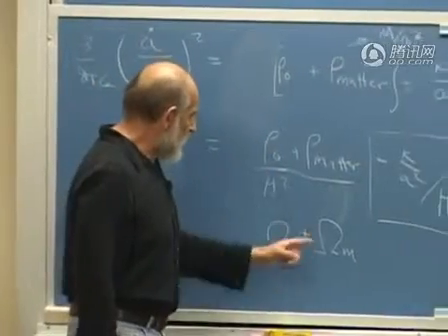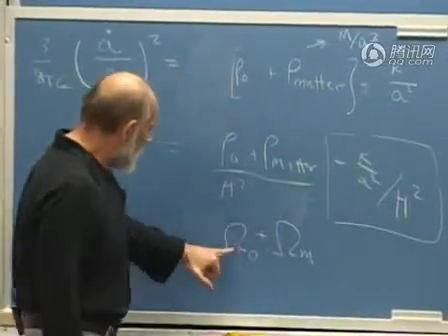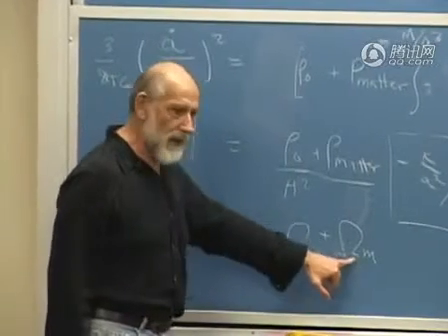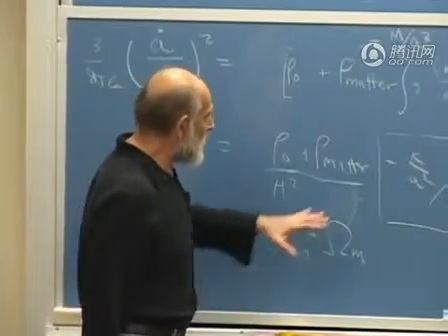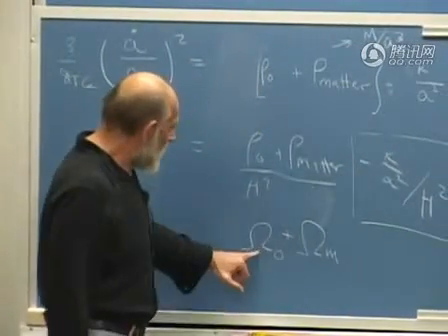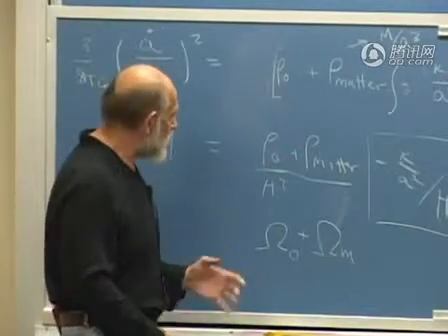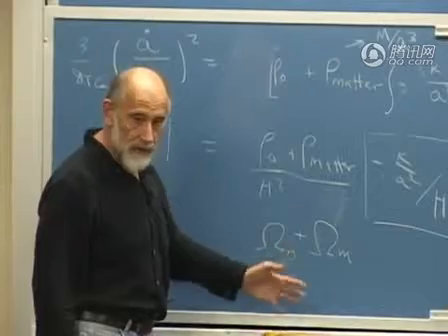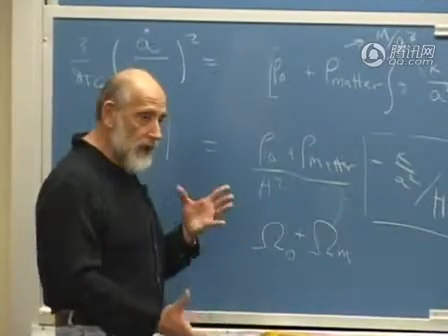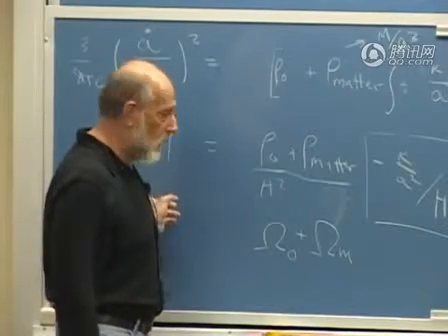Okay? Now, first conclusion is if space is flat, omega naught plus omega m must add up to 1. So in that sense, if k is equal to 0, omega naught and omega matter are simply the fraction of energy carried by either vacuum energy or matter energy. That's what they are. They can change with time, but they have to change with time in such a way as to add up to 1.